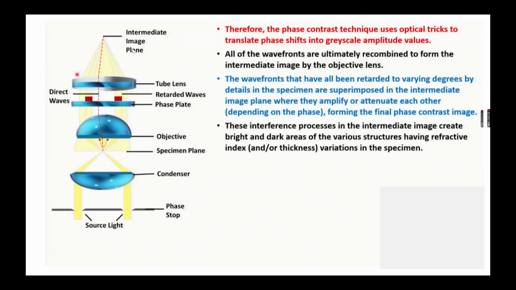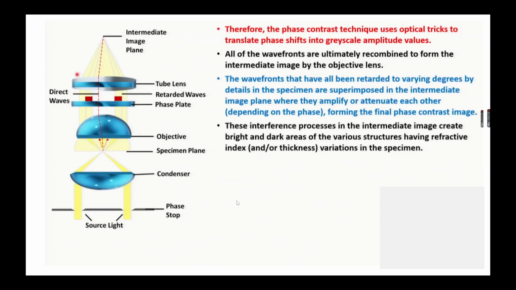And here this will be your image plane. In phase contrast microscopy there will be a change in the phase, and this is because of the difference in the refractive index.